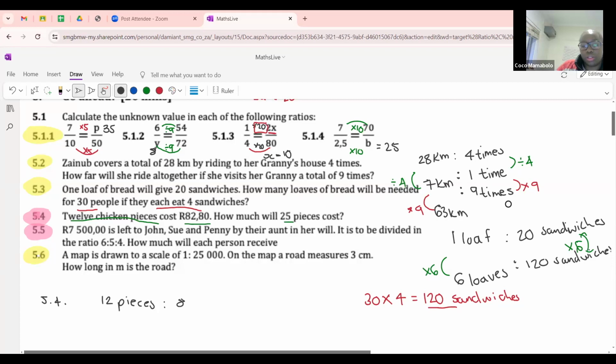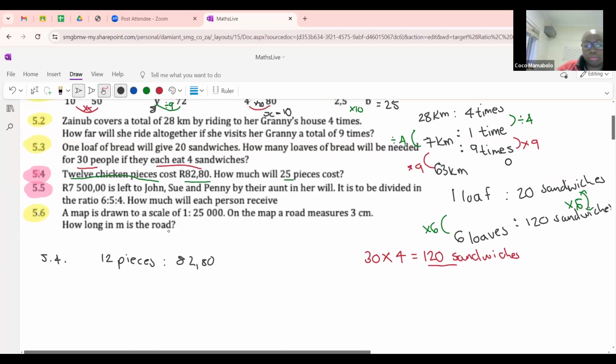And then at the bottom of 12, I said 25 pieces of chicken. But then I didn't use the method that we're supposed to use when you're doing ratio. I just said 83 times 25. 82,80 cents. I just said times 25.